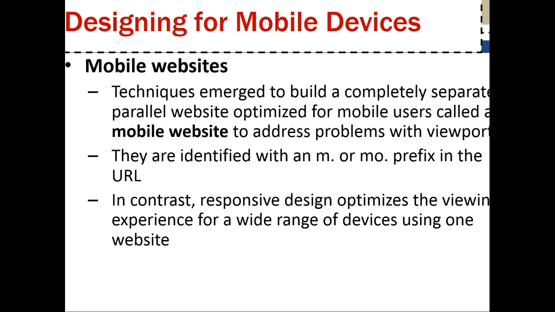One of them is to build a completely separate parallel website optimized for mobile users, which is called a mobile website. Mobile websites are identified with an M or MO dot prefix in the URL. So you might see something like http://m.usf.edu, for example.